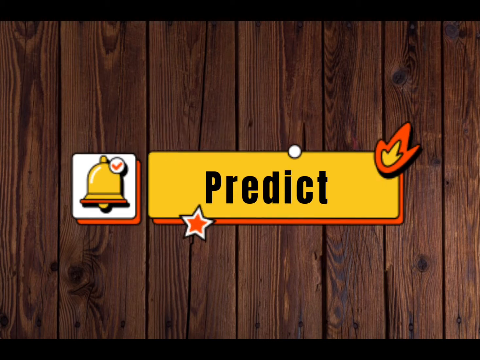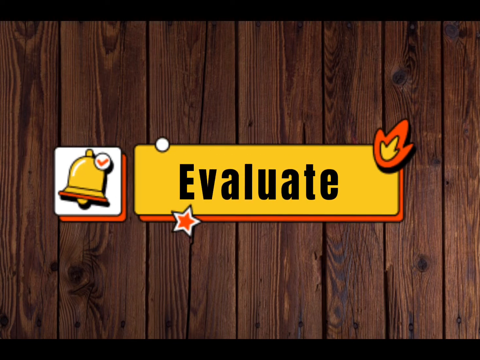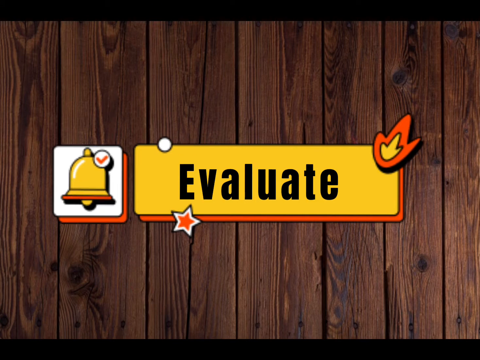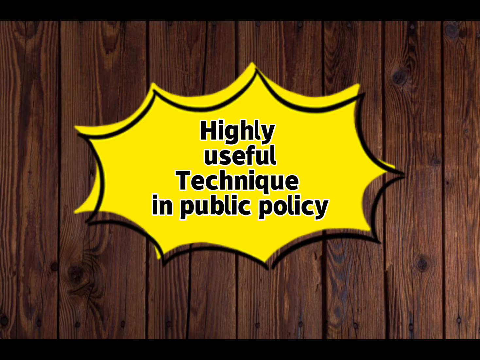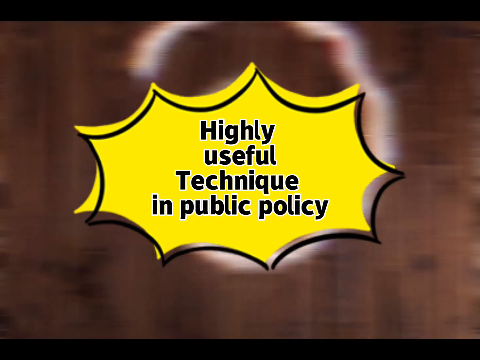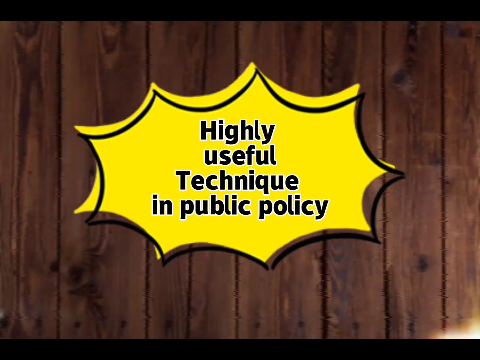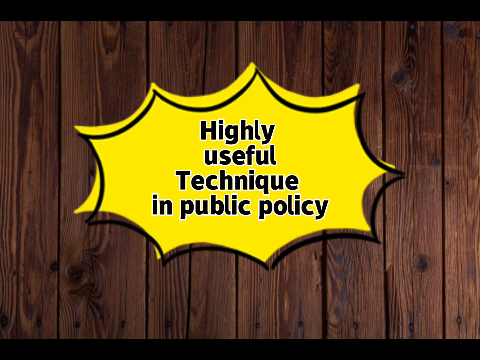The central theme of social impact assessment is to predict and evaluate those impacts, those implications, before they have happened. That is the reason that social impact assessment is a highly useful technique in public policy, in different programs, in organizations, education and health sectors, business, and community programs as well.